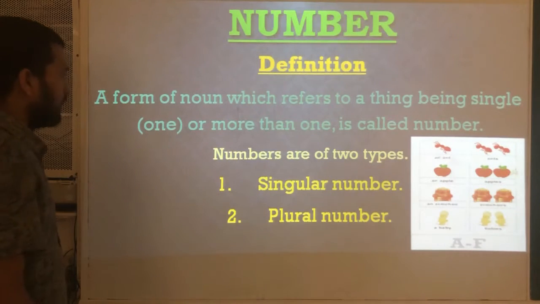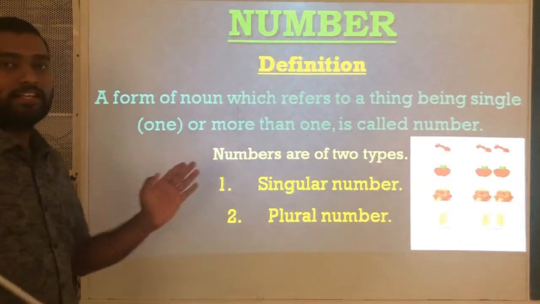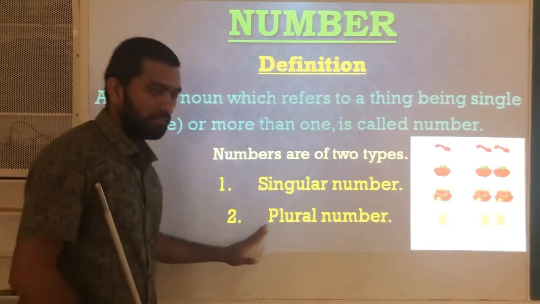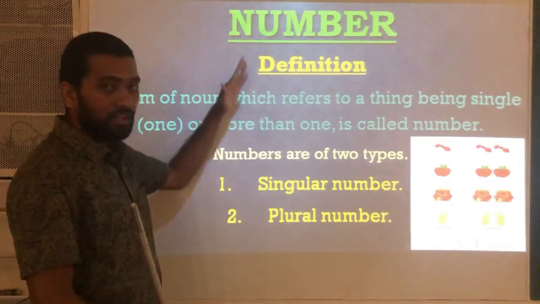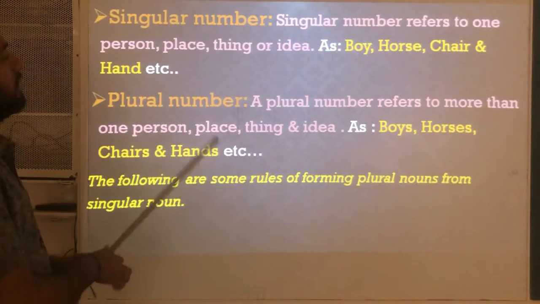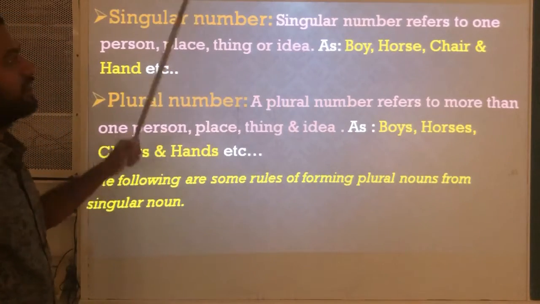Okay, next, there are some rules to follow whether you are converting a singular number into plural number and to convert plural into singular. Okay, let us discuss the rules now. First of all, the definition of singular and plural. What is singular number?